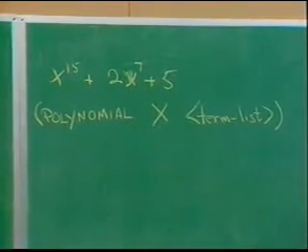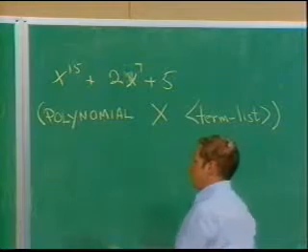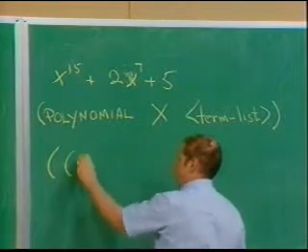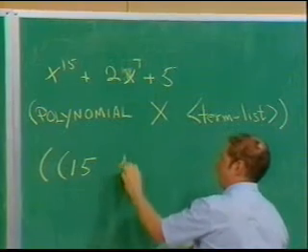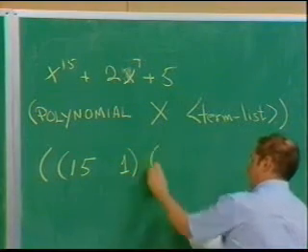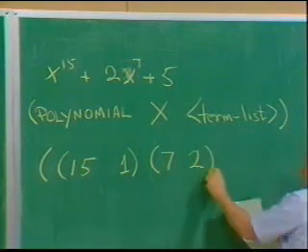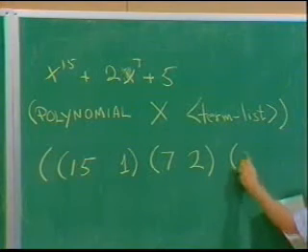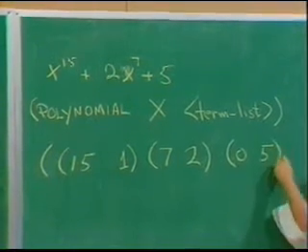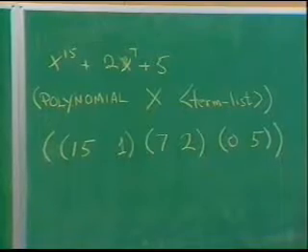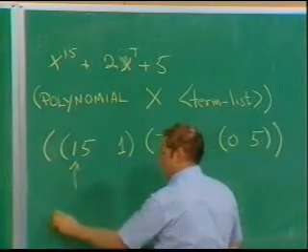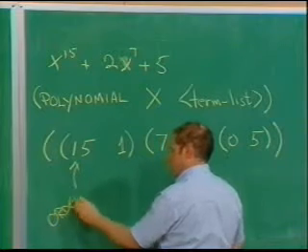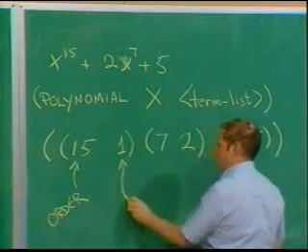And a term list, well, in our case, we'll use something that looks like this. We'll make it a bunch of pairs which have an order and a coefficient. So this polynomial would be represented by this term list. And what that means is that this polynomial starts off with a term of order 15 and coefficient 1.